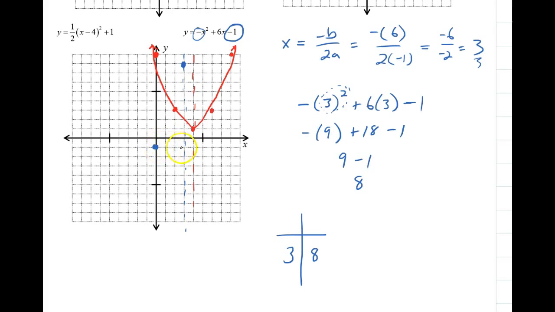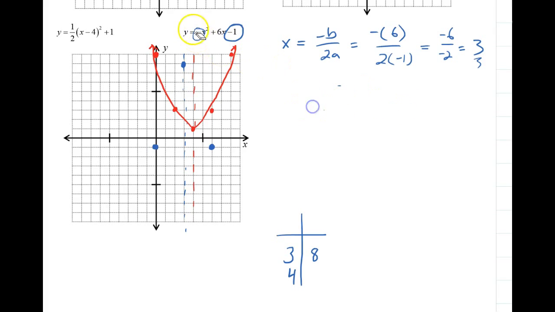So right now I'm going to go ahead and reflect this point. It's 1, 2, 3 away, 1, 2, 3 away. Alright, so now pick an x value close to your vertex. So I'm going to pick 4, and I'm just going to plug it in up here. So it's going to be negative 4 squared plus 6 times 4 minus 1.